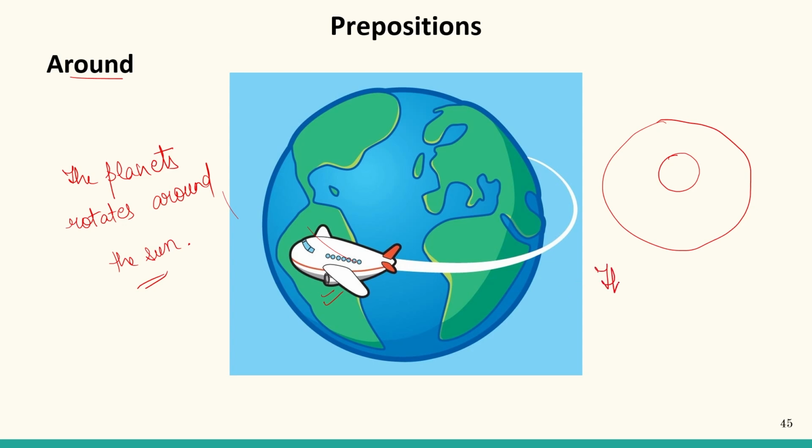The baby is running around his mother. So around means making a circle around something. So this is the preposition around, which can be used when something moves around something.